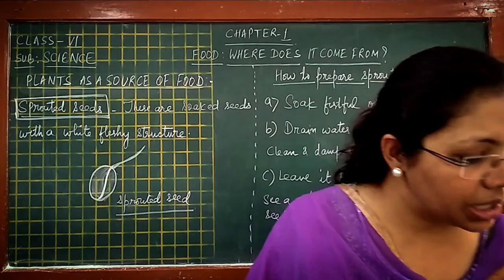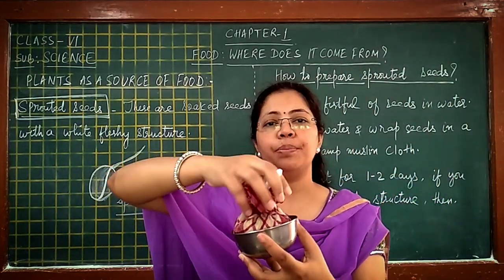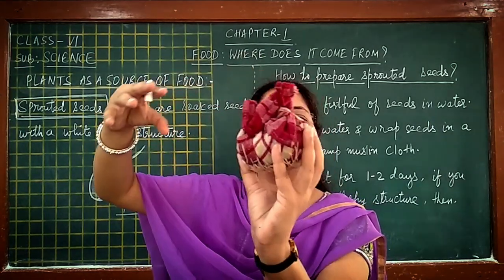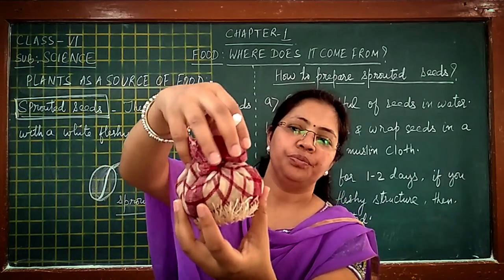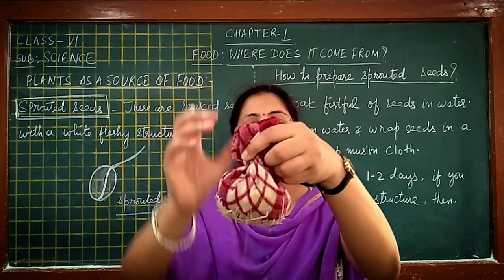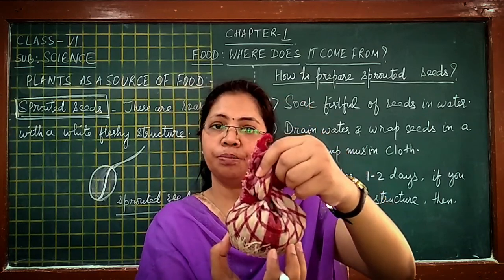After draining, you have to wrap those soaked seeds in a damp muslin cloth like this. Keep the seeds in the cloth and tie the knot so that they are wrapped from all sides, right?